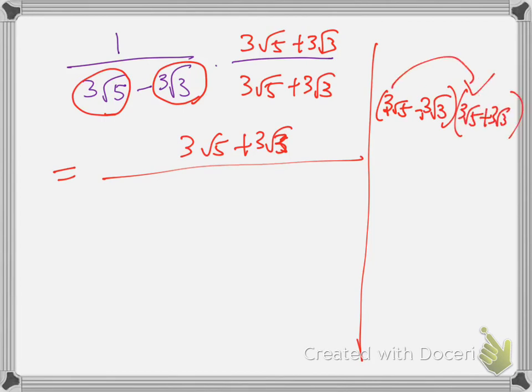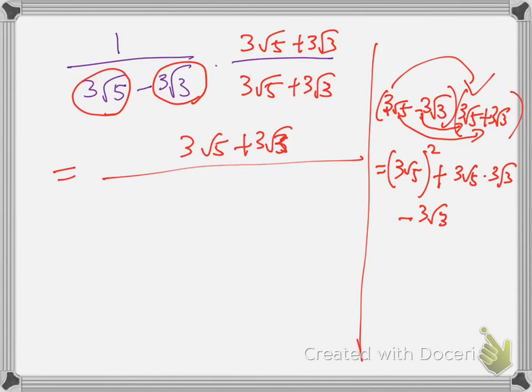First, this is the first term squared. Then the outer product is plus 3 radical 5 times 3 radical 3, the inner product is minus 3 radical 3 times 3 radical 5, and the last is minus 3 radical 3 times 3 radical 3. So the middle two cancel.